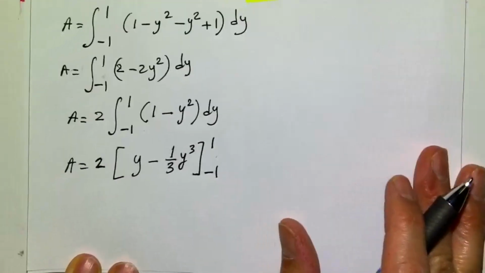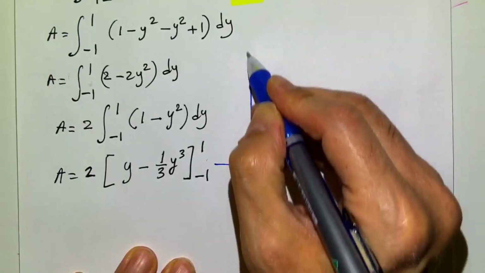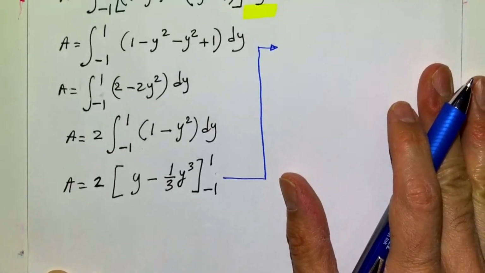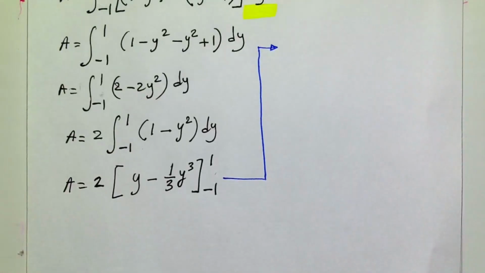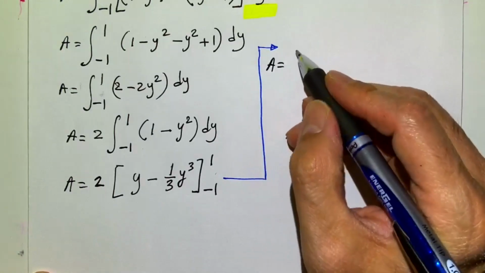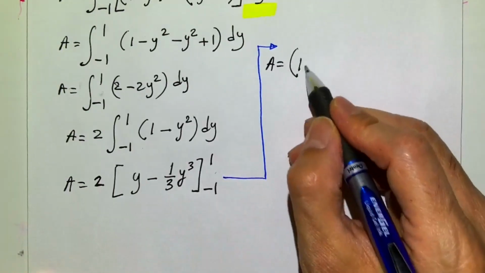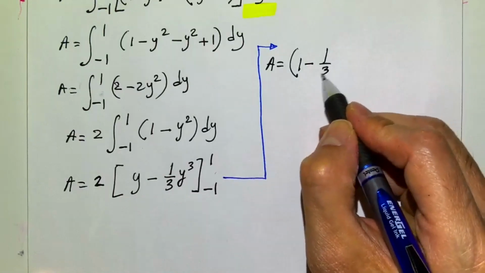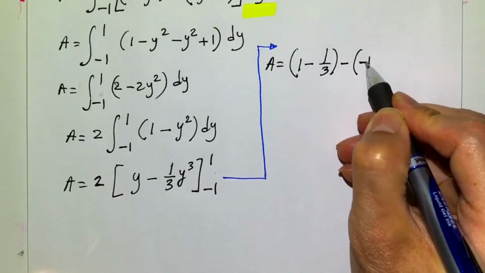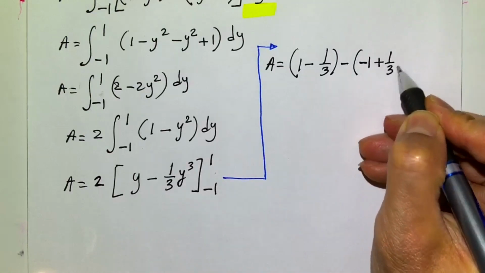So let's substitute. A equals, replacing y with 1, we have 1 minus 1/3, minus, now replacing y with -1, minus 1 minus minus 1 cubed, which is minus 1 times minus 1/3, plus 1/3.